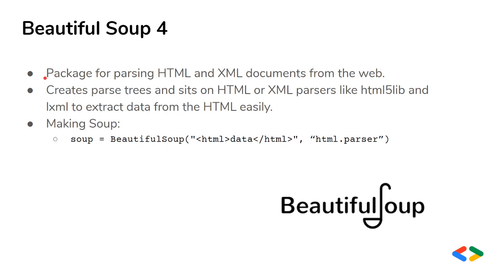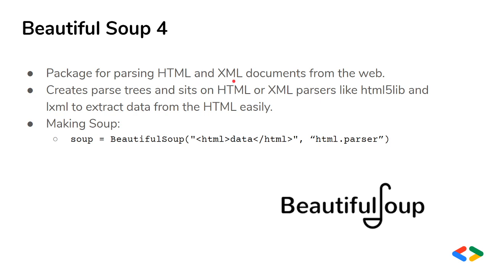Beautiful Soup 4 is a package that helps you parse HTML and XML documents. What Beautiful Soup 4 will do is take the HTML document that you got from the response object, the text that you got, and structure that information in a particular format.